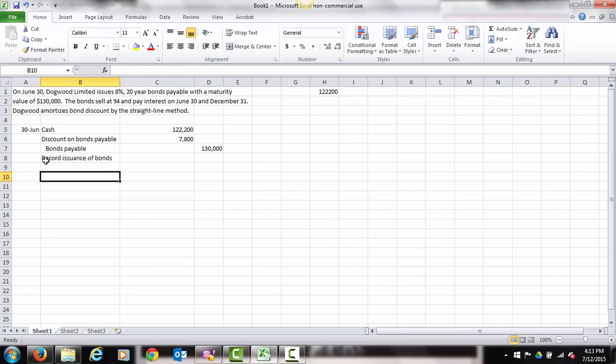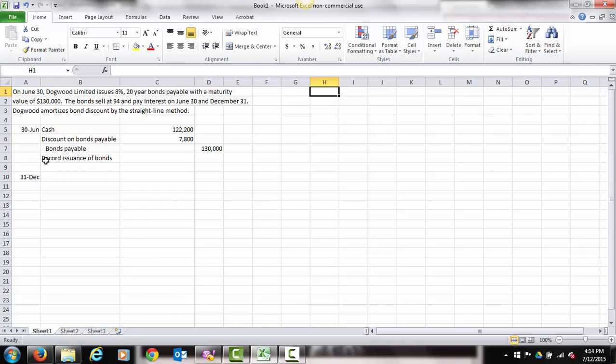All right. Now, our second requirement is to journalize the semi-annual interest payment and the amortization of the bond discount. So, on 12/31, let's go back over to where we're going to do some calculating.